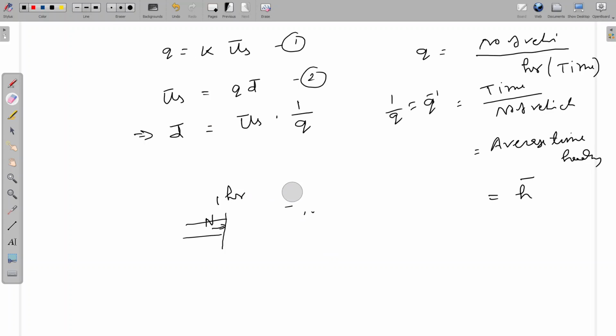So you can write here, what we can write? This is the relationship.